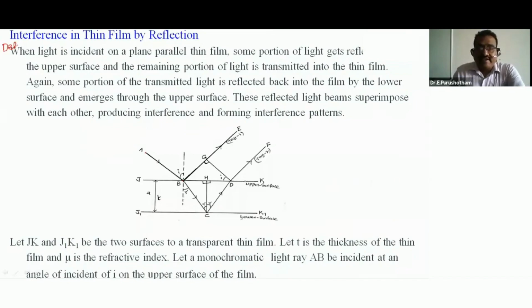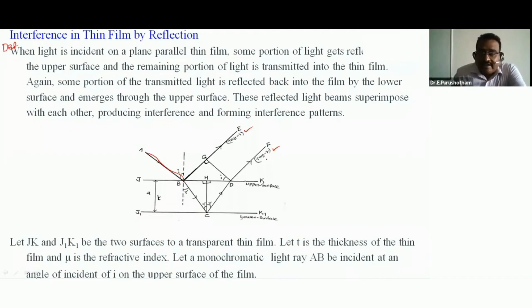So what I am saying: AB, monochromatic light, is incident on the upper surface with incident angle i. Some portion of light is reflected as BE, that is ray 1. The remaining monochromatic light is transmitted through the thin film and incident on the lower surface. It is also reflected from the lower surface, emerges from the upper surface, and comes out as DF, or ray 2.